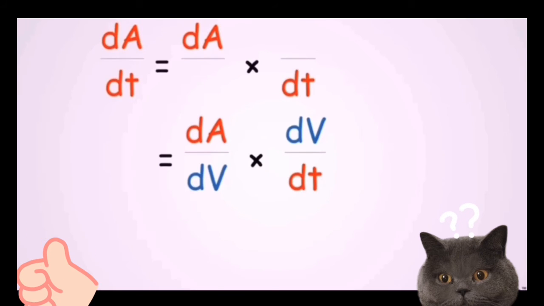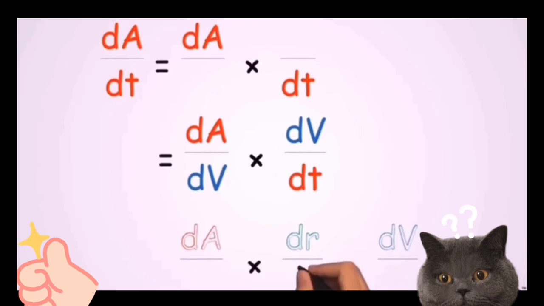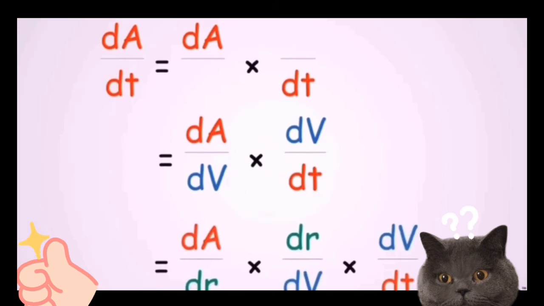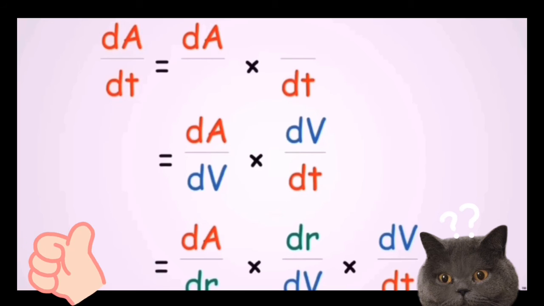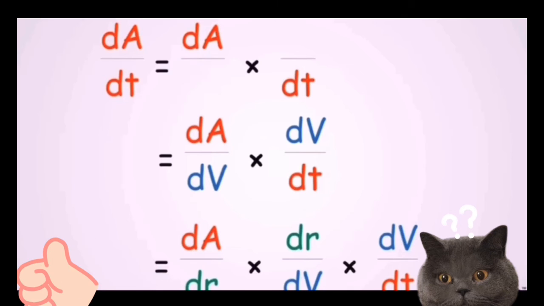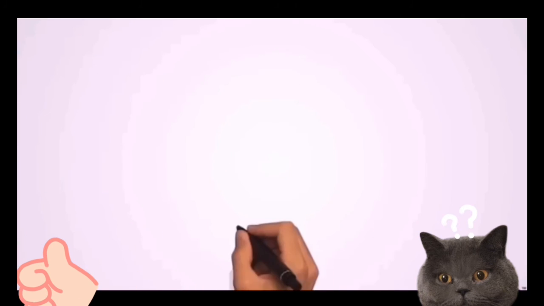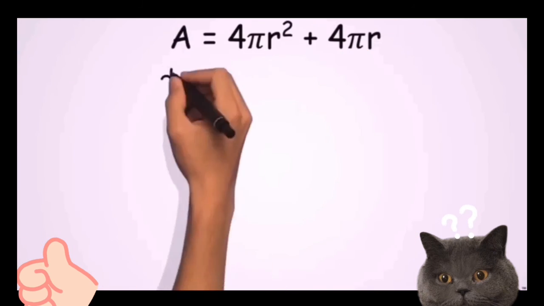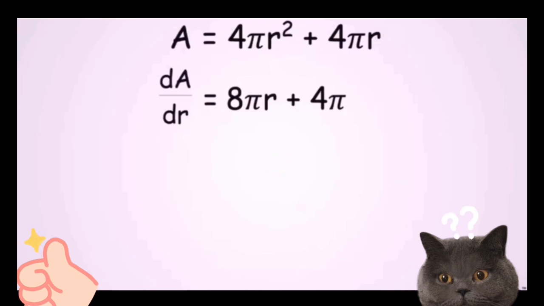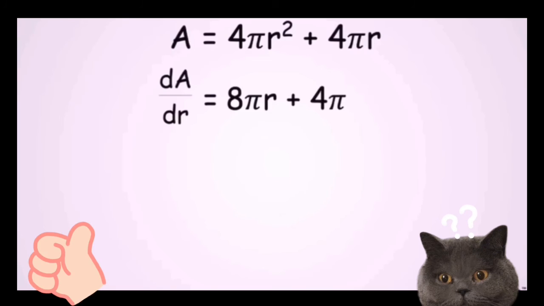Through the information that we have, we can write the equation of dA over dV multiplied by dV over dt. dA over dV can be separated again by writing the equation of dA over dt equals dA over dr multiplied by dr over dV multiplied by dV over dt. From the equation, the value of dA over dr can be obtained from the differentiation of the area equation from question 1. So the value of dA over dr equals 8 pi r plus 4 pi.